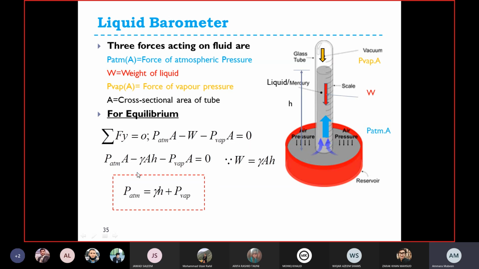On simplifying, you'll get this expression. This is the final expression through which you can calculate the atmospheric pressure.